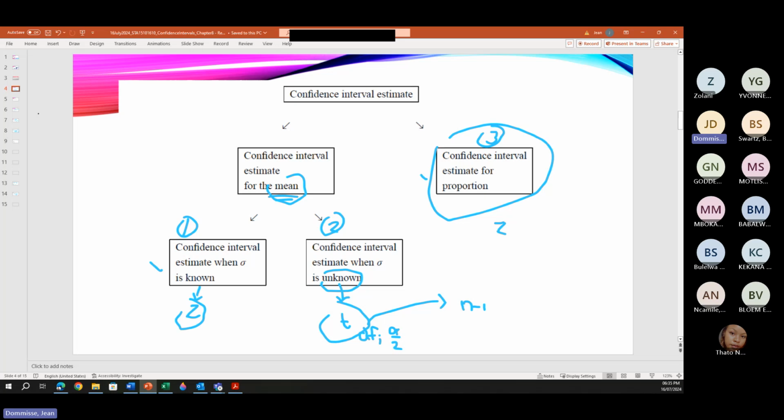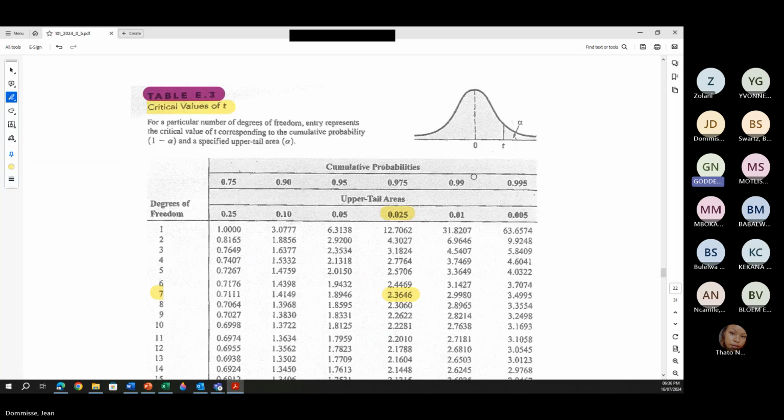Yes, there's another hand. Hi, Jean. I just wanted to find out from you with regards to the table, that table for the T distribution. The alpha, it's only a few numbers that we have available for the alpha. Are we going to get a question that we need to work out something that is not there?